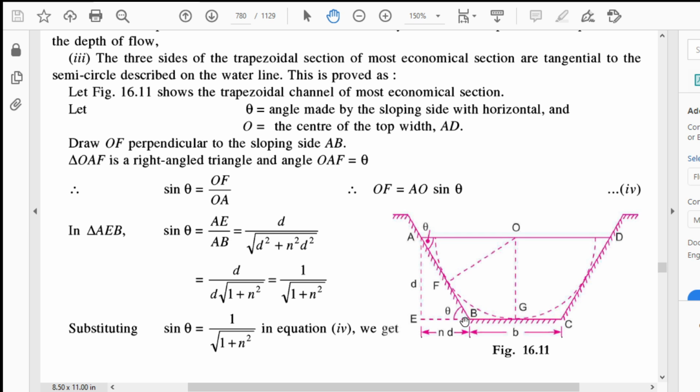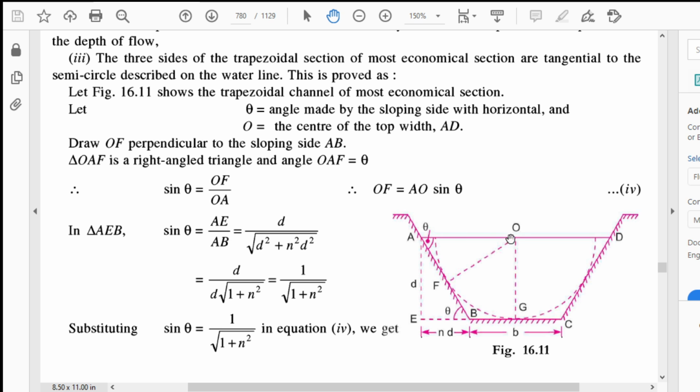By using the parallel lines theorem, we can write that the angle theta here should be equal to the angle theta at the top. That means it is in a Z pattern, so this angle and this angle should be equal. So this will also be theta.